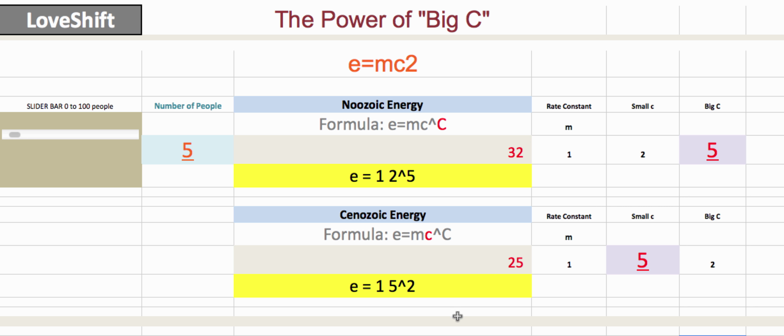Now, in the Newtonian model, where there isn't a complexification of the group, we have 25. Up here, 32. Let's run the model forward. We now have 10 people in our group. Down here, 10 squared is 100. Up here, 2 raised to the power of 10 is 1,000.